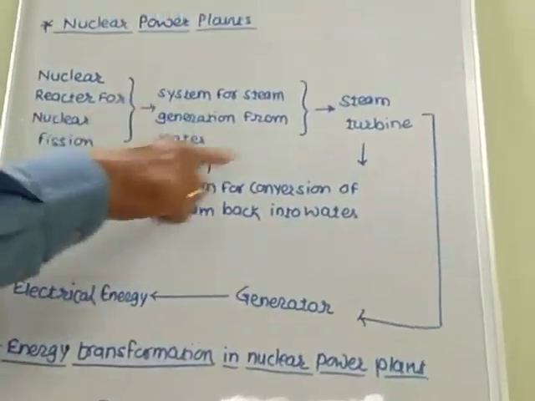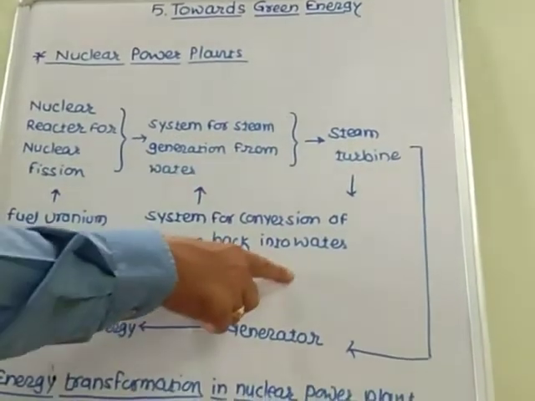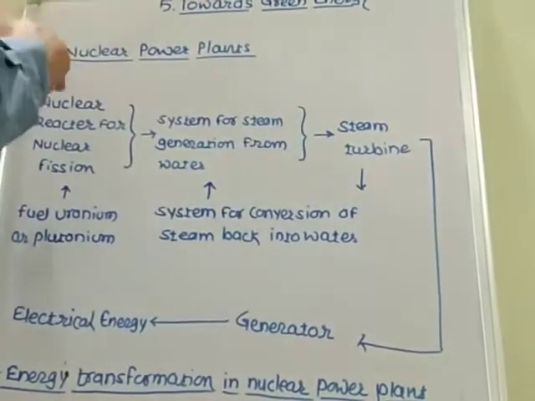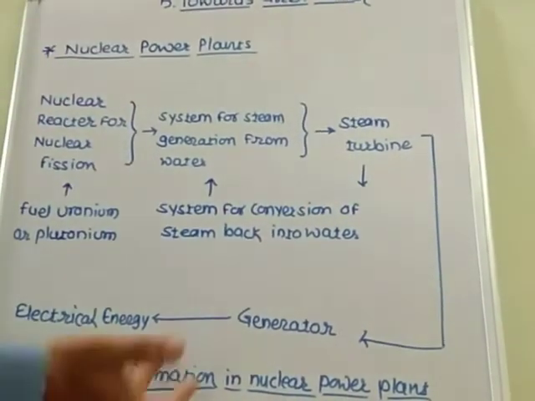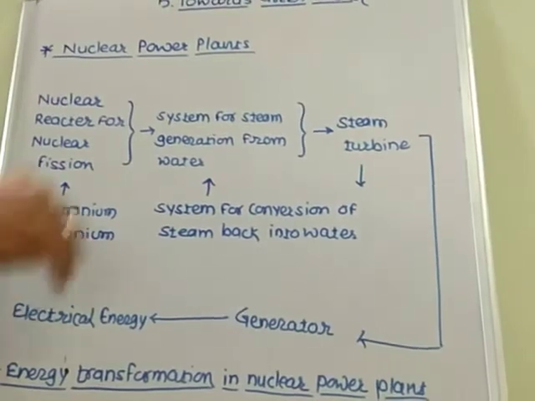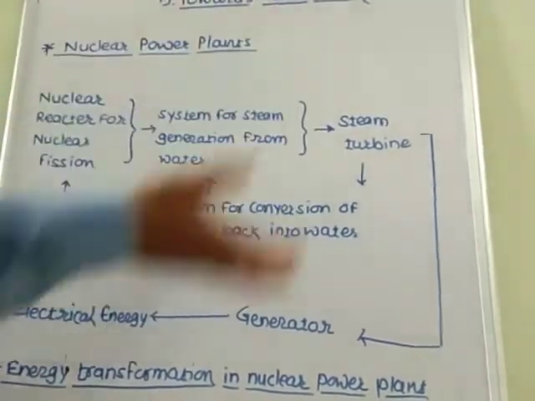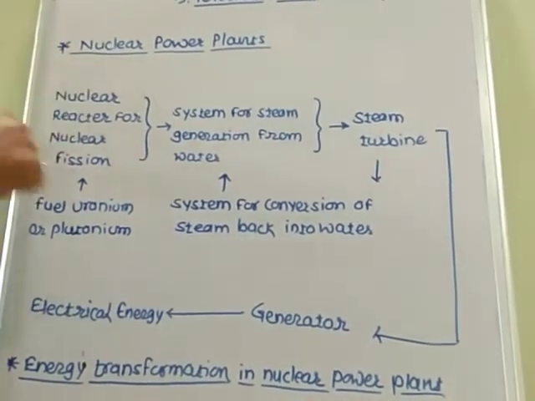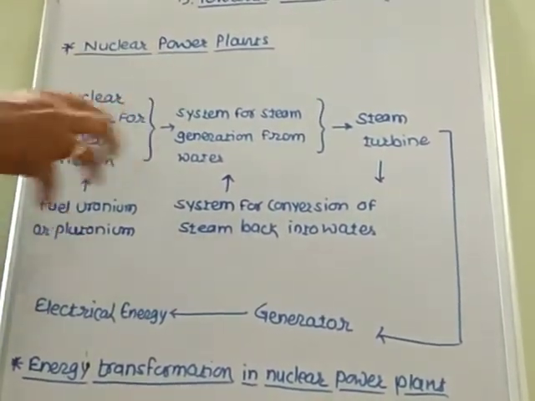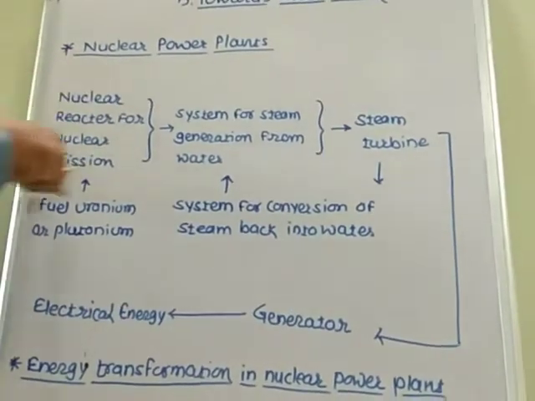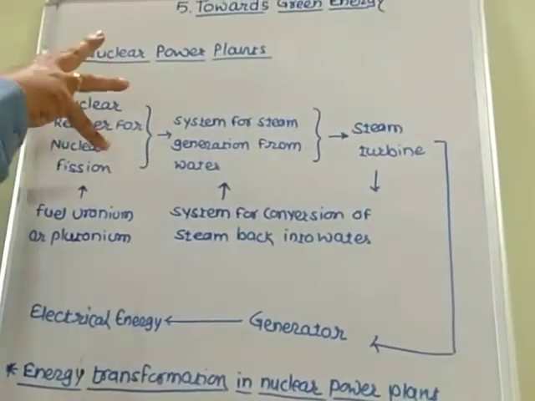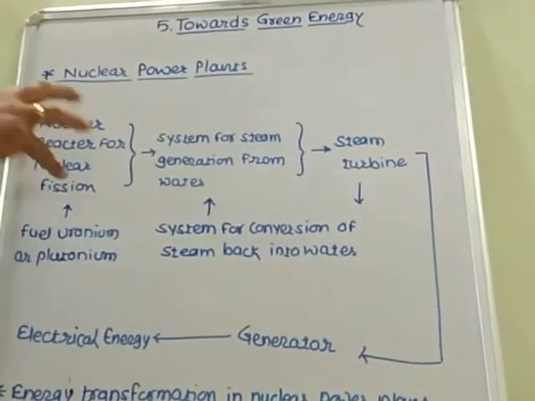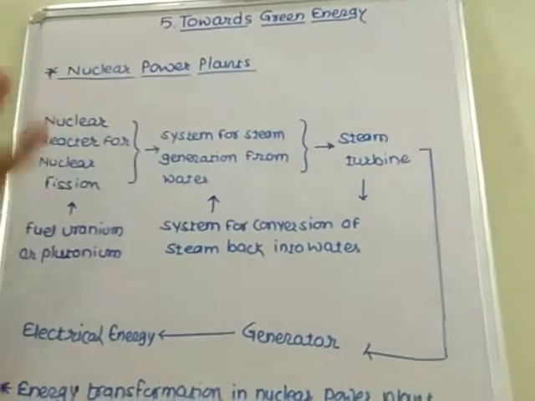Then there is the system for conversion of steam back to water, by cooling, the condensation method. In short, the difference from a thermal power plant is that here, in place of coal, nuclear atoms or a nuclear reactor is used, but the remaining process is the same.